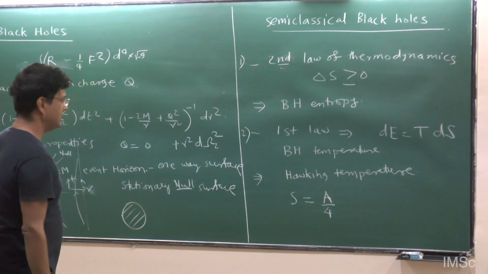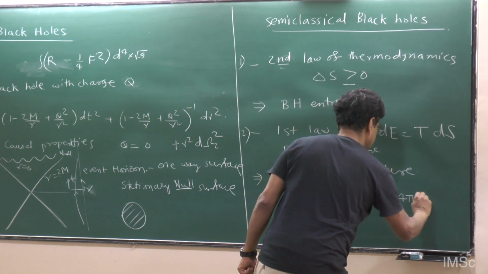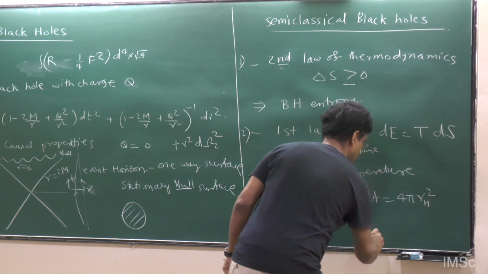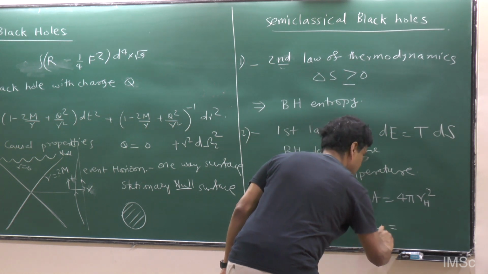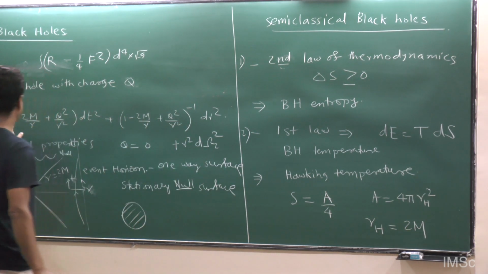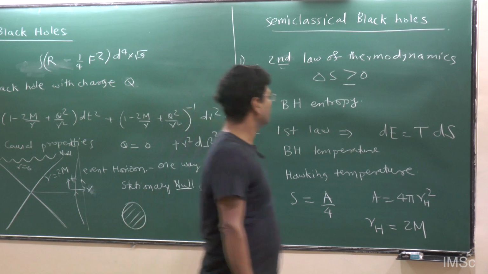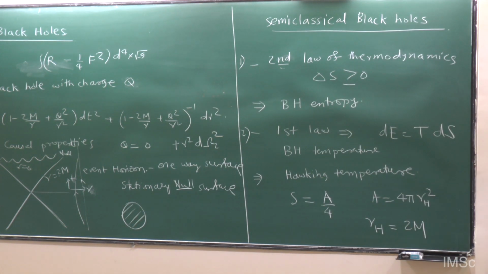So in this case, the area is just 4 pi times the square of the horizon radius. For a Schwarzschild black hole, the horizon is just 2m. That's where something funny happens to the metric. So then that leads to the third paradox. There is a paradox with the Boltzmann relation.